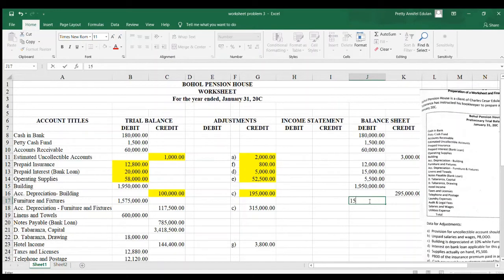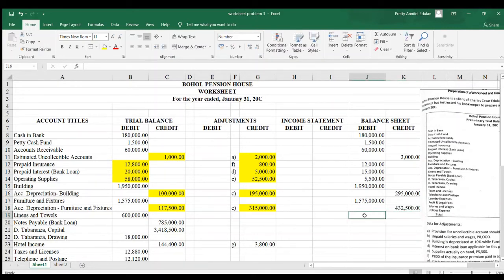Furniture and fixtures, simply copy. Then the accumulated depreciation, both on the same side, so we will add. How much is that? 117,500 plus 315,000, 432,500, both on the credit side.